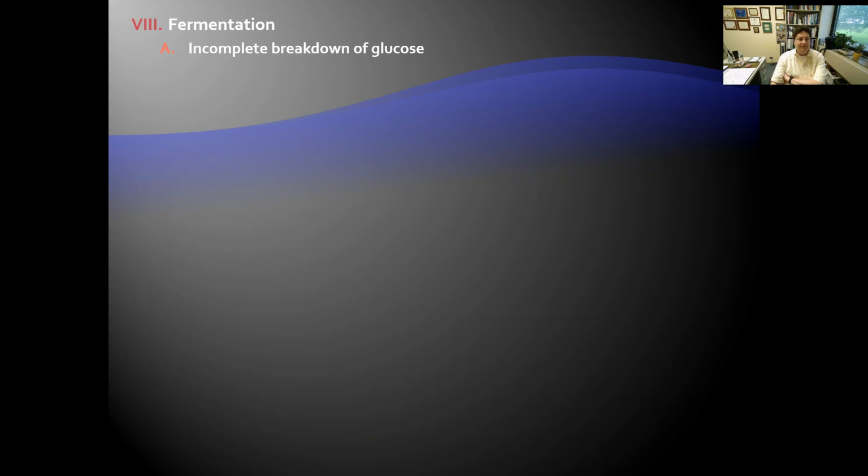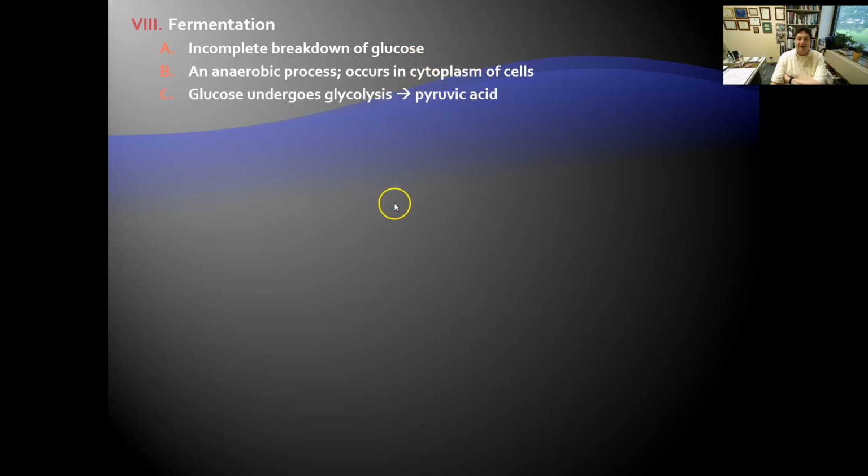Fermentation is the incomplete breakdown of glucose. It's also an anaerobic process. It occurs in the absence of oxygen, and it occurs in the cytoplasm of cells that use it. Glucose still undergoes glycolysis, just like in aerobic cellular respiration, so we break down glucose into pyruvic acid.